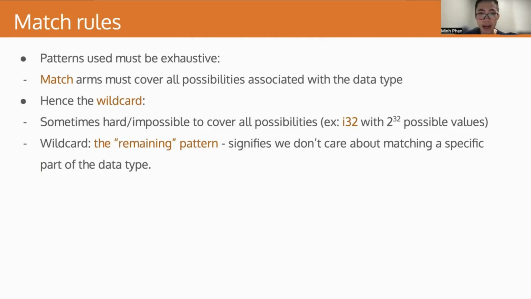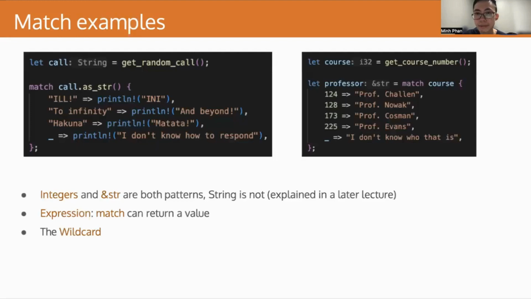Sometimes it's very hard or impossible to cover all possibilities, for example with i32, as we've seen earlier. So here we use a wildcard. It basically means the remaining patterns. In CS 128, we don't really care about matching a specific part of the data type. Here, in the case of i32, it means that we don't care about the values aside from those we already match.